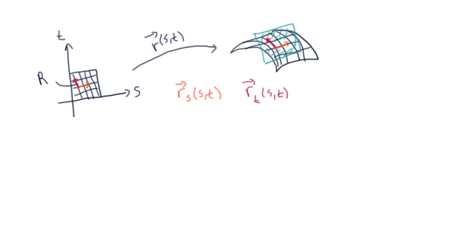And moreover, if I look at this cross product, now of course this cross product is going to be a vector valued function itself, but at each point, this cross product of the two partial derivatives is going to be a normal vector.